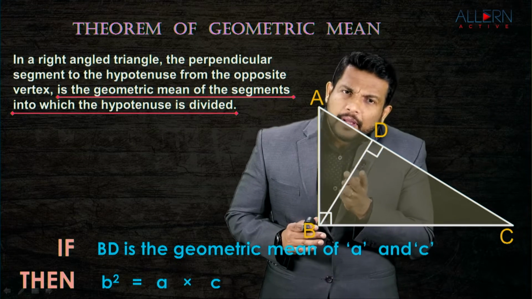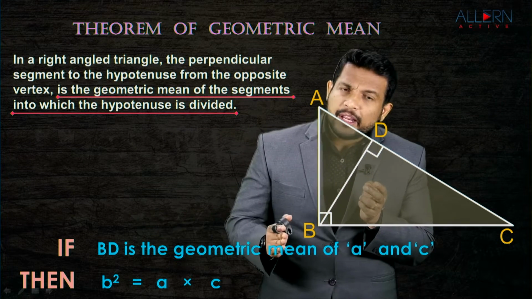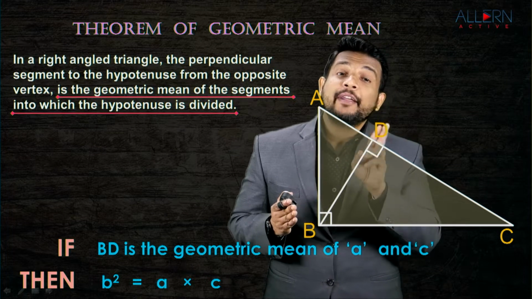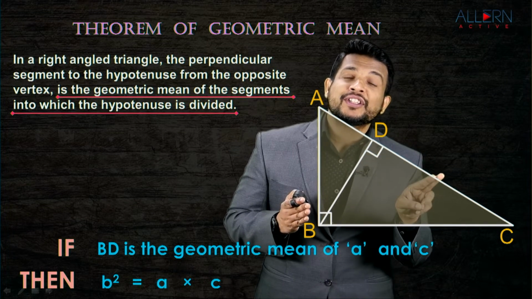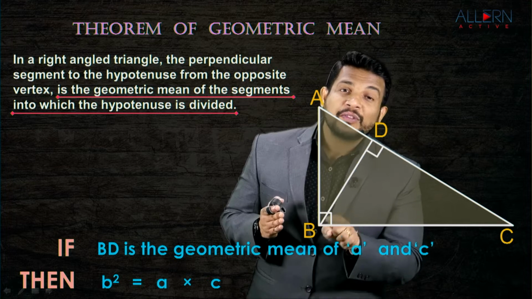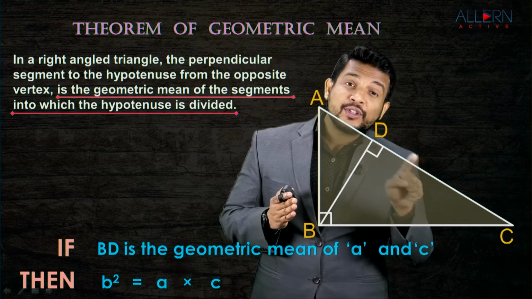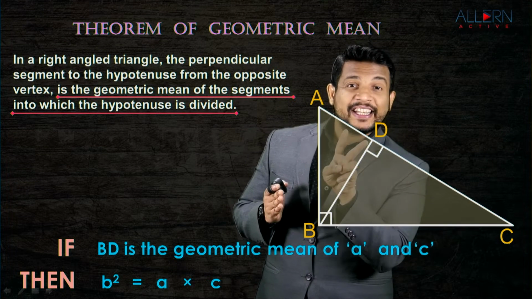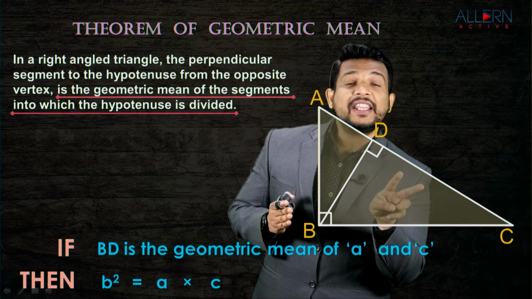Now let's understand. BD is the geometric mean of what? Of the segments into which the hypotenuse is divided. Because of this perpendicular, the hypotenuse is divided into two segments, isn't it? One is AD, the other one is DC.